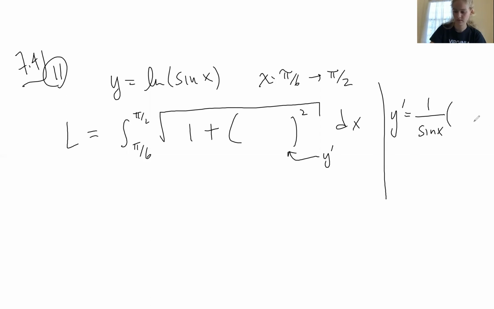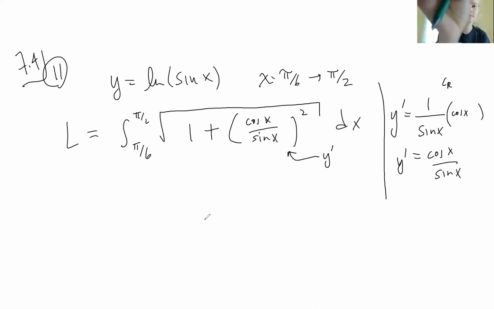And then you have to multiply by the chain rule. So chain rule problem, I get cosine. So I get cosine x over sine x. And that goes in here, cosine x over sine x. So if you got that far, you got the setup. Did you get that?